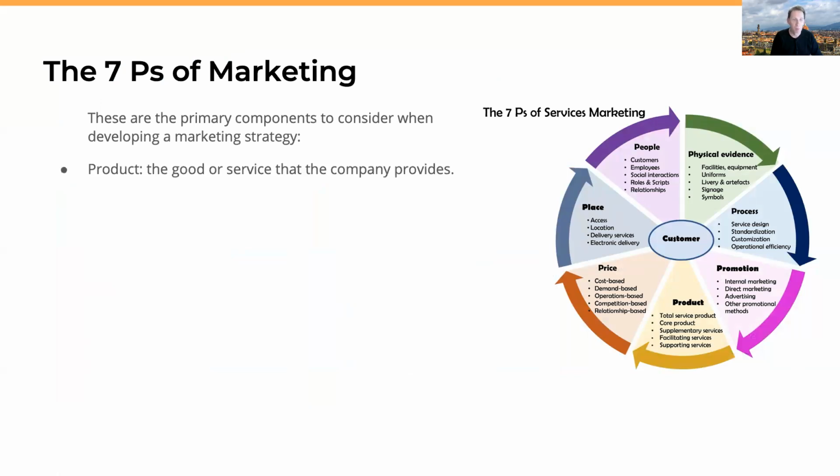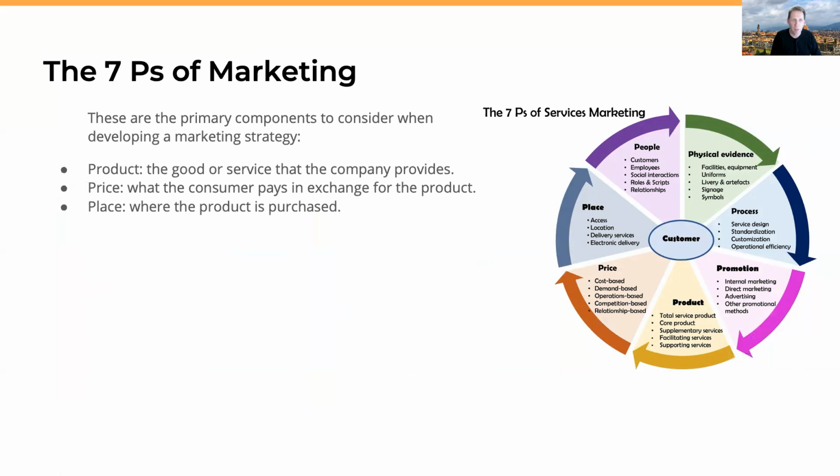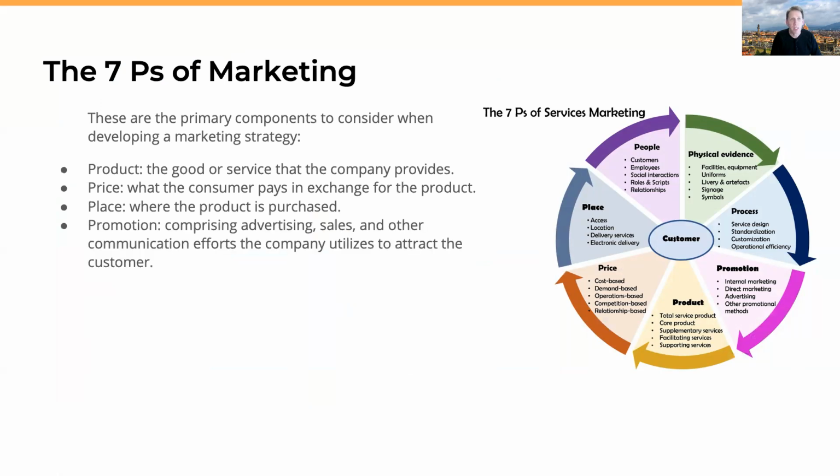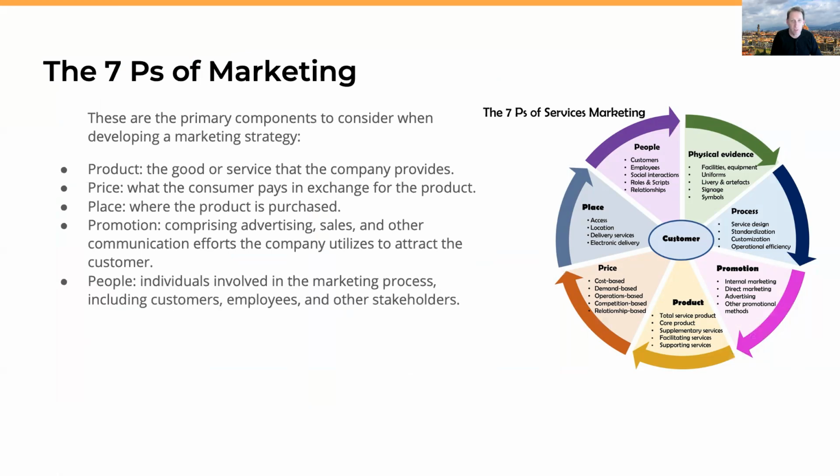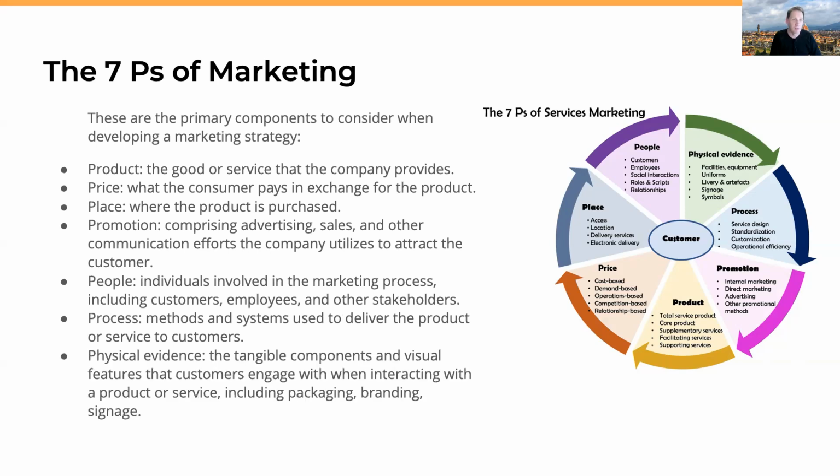And they are product, the good or service that the company provides; price, what the consumer pays in exchange for the product; place, where the product is purchased; promotion, comprising advertising, sales, and other communication efforts the company utilizes to attract the customer; people, individuals involved in the marketing process, including customers, employees, and other stakeholders; process, this is the methods and systems used to deliver the product or service to customers; and the physical evidence, this is the tangible components and visual features that are part of a product or a service.